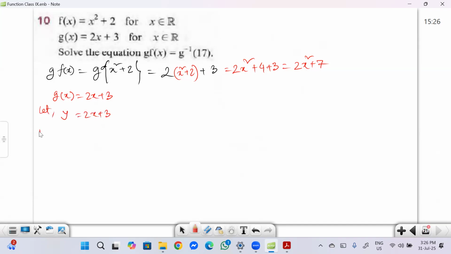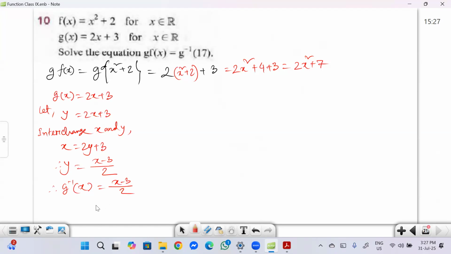Then in the second step, interchange x and y: x equal to 2y plus 3. Therefore, y equal to x minus 3 by 2. That would be our g inverse x, which is x minus 3 by 2.